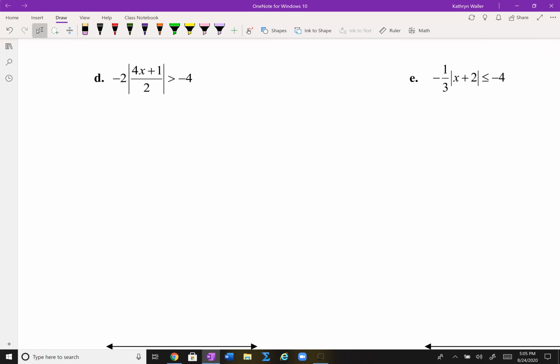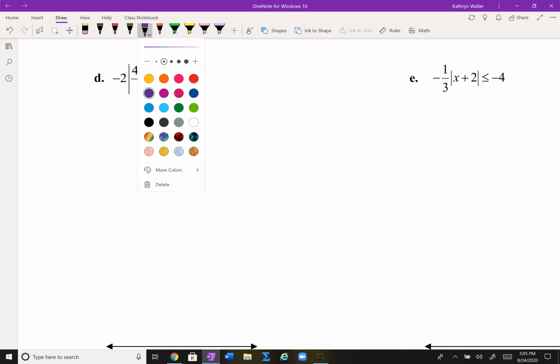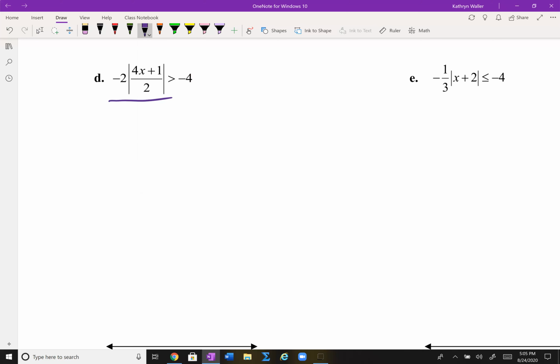Here's the tricky part. Do you see how this is not alone? I have to get rid of that -2. Now, you absolutely do not have to write this, and I would almost encourage you to not write it. But if you divide each side by a -2, then you have this, 4x plus 1 over 2.